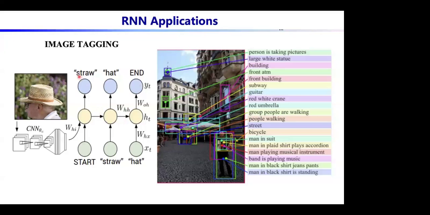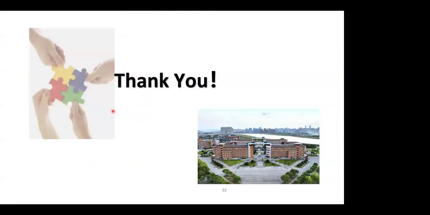You have one input of the whole image, and it recognizes how many objects there are. Depending on the maximum number of objects, you have a maximum number of RNN nodes here, and each describes a particular object. Okay, so these are the applications.